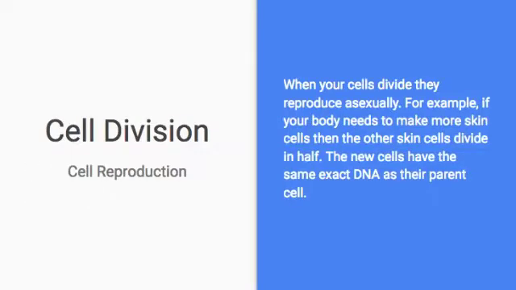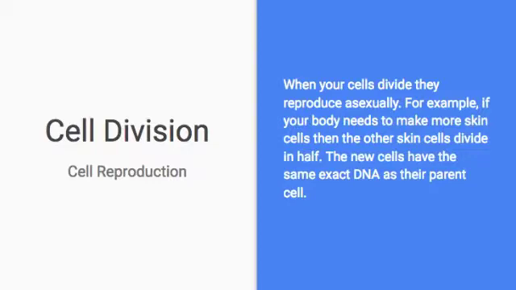Cell division, which we didn't talk about too much in our last unit, happens at the cellular level. That's how you are going to get taller. Your bone cells are going to divide to make more. Same with your skin cells. Muscle cells divide to make your muscles stronger, and so forth, so that your organs inside grow bigger as you grow taller.